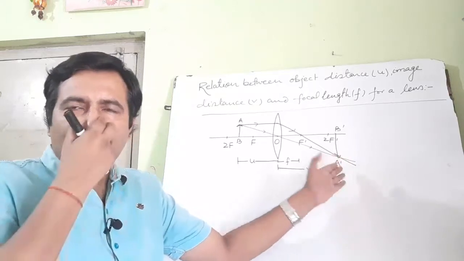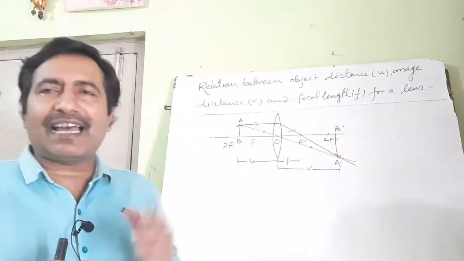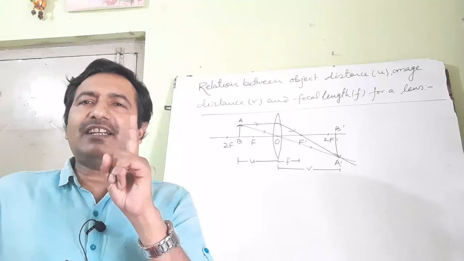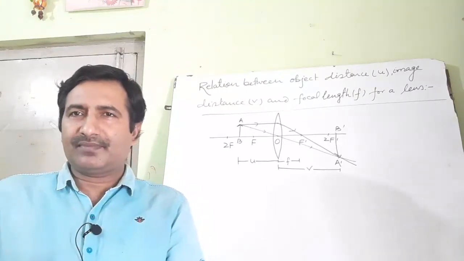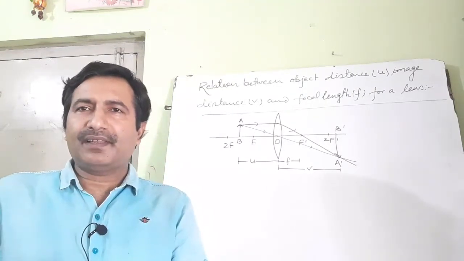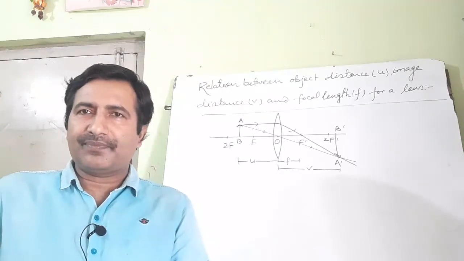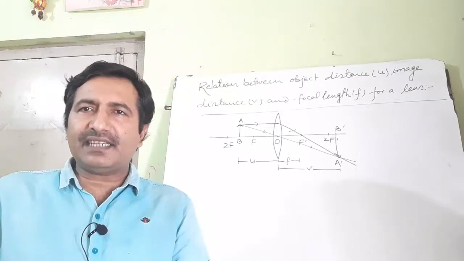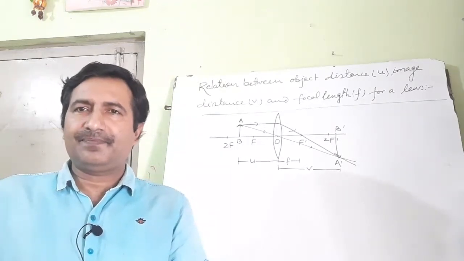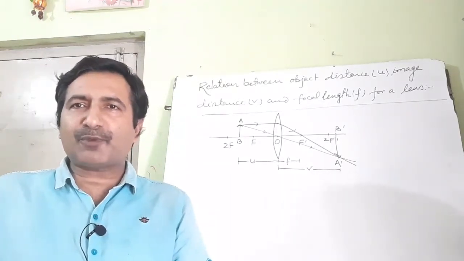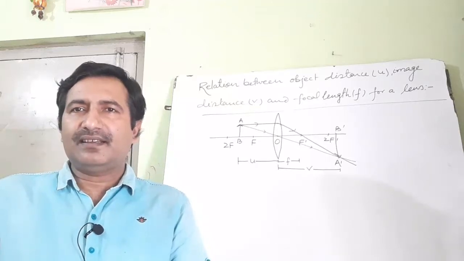Got it? You just analyze the image formation by a convex lens. There is one and only one situation for which the image is on the side of the object and the image is virtual and direct. Can you recall that position of the object? Yes.